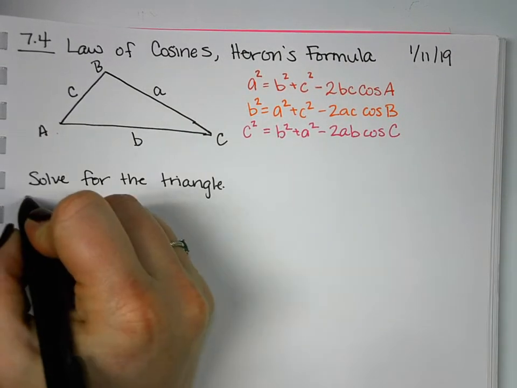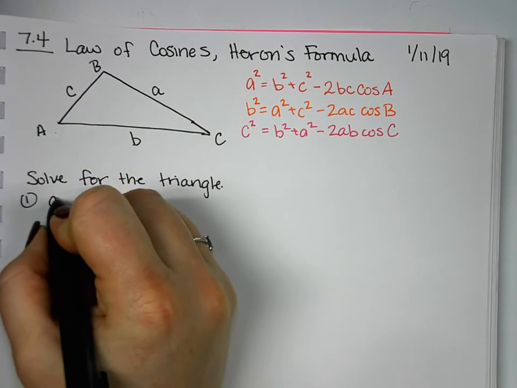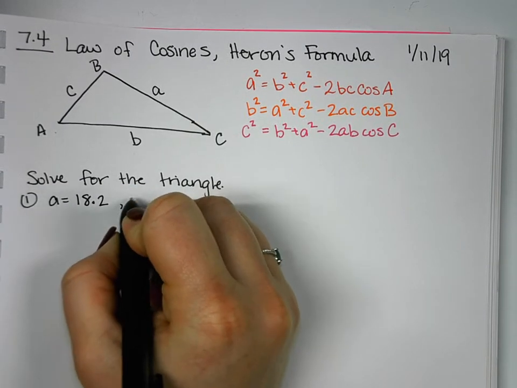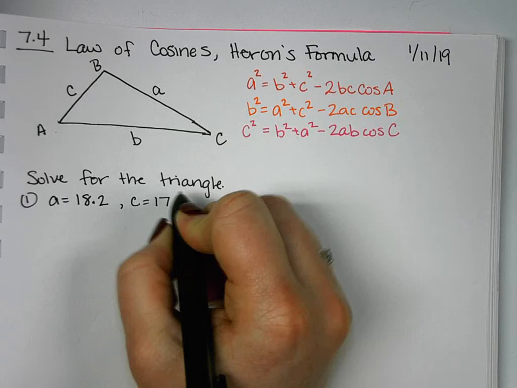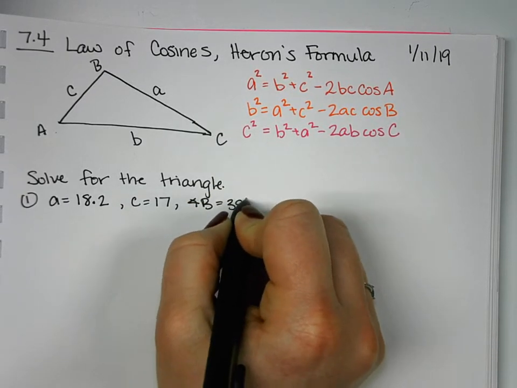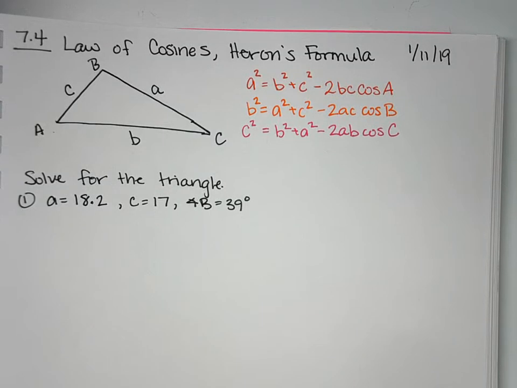In our first one here, I'm going to tell you that a is 18.2, c is 17, and angle B is 39 degrees. So again, remember, lowercase letters means they're talking about side lengths. So we're given two sides and one angle.